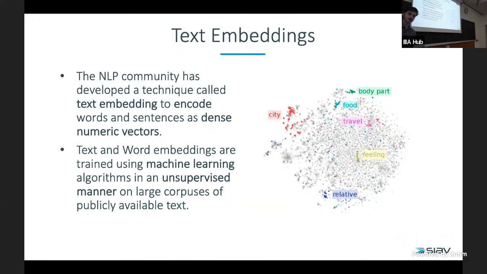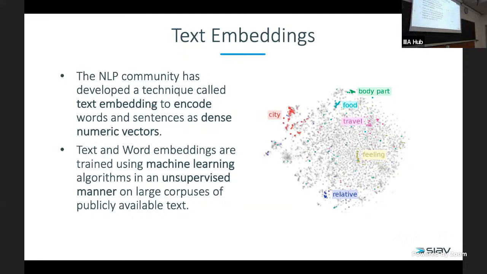The other very good news about this approach is that text and word embeddings are usually trained using machine learning algorithms, clearly, but they are trained in an unsupervised manner. This is very relevant because supervised machine learning algorithms require a lot of human labor, and therefore a lot of money, to produce the data sets, which is usually a blocking issue.